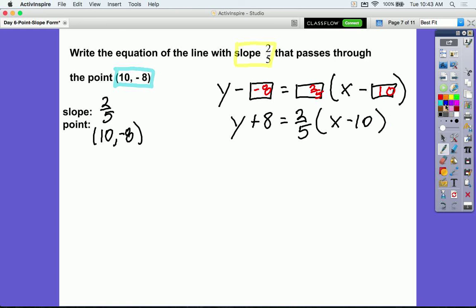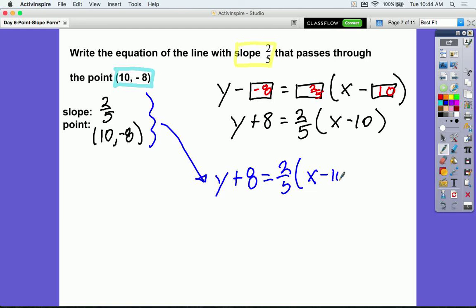I'll be honest with you, if you are really ready for this, I'm totally fine with you just going, okay, I got this. I know where the x and the y values go. I know if it's a negative, I'm going to put a plus. If it's a positive, I'm going to put a minus. So I'm totally fine with you jumping straight to y plus 8 is equal to 2/5 times the quantity of x minus 10.